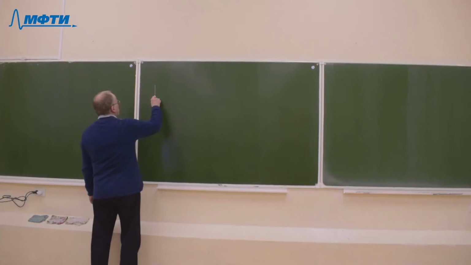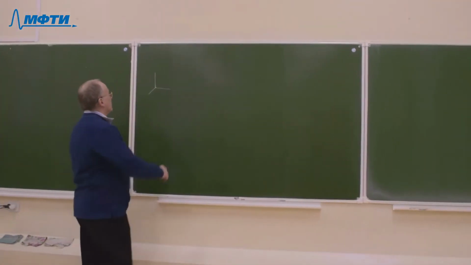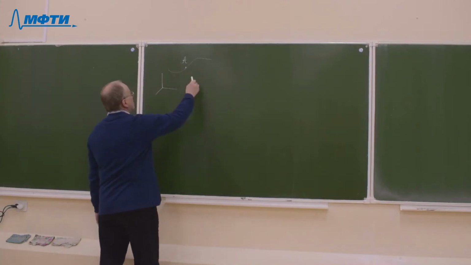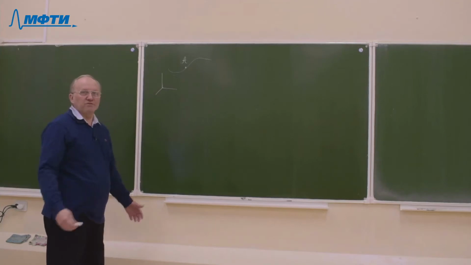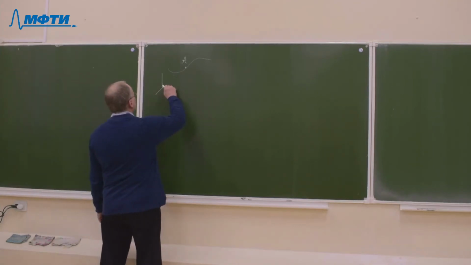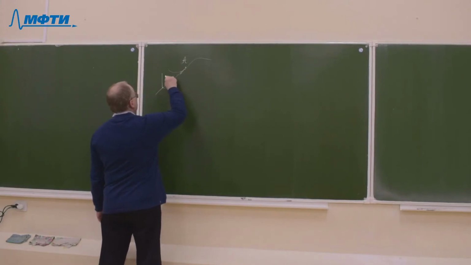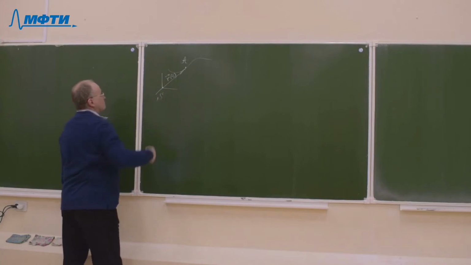We take some reference system XYZ and the point A, which moves along some trajectory, and we are interested in the motion of this point, so we have to describe this motion in some way, and so we introduce the radius vector of this point, a radius vector as a function of time in the reference system S.